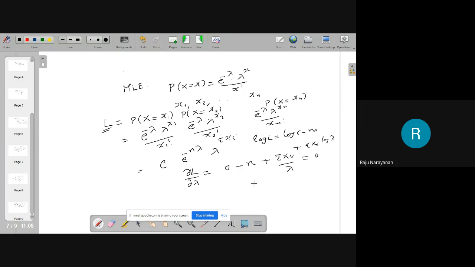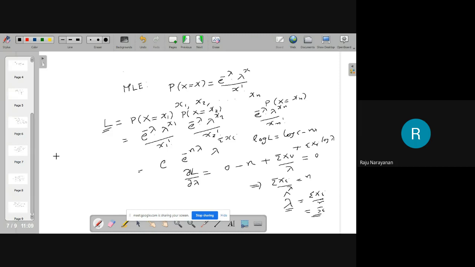Setting this equal to 0 implies sigma xi by lambda is equal to n. Let us put a cap because it is the best one. Lambda cap is sigma xi by n, which is nothing but x bar. The sample mean is an estimator for the parameter lambda of a Poisson distribution.